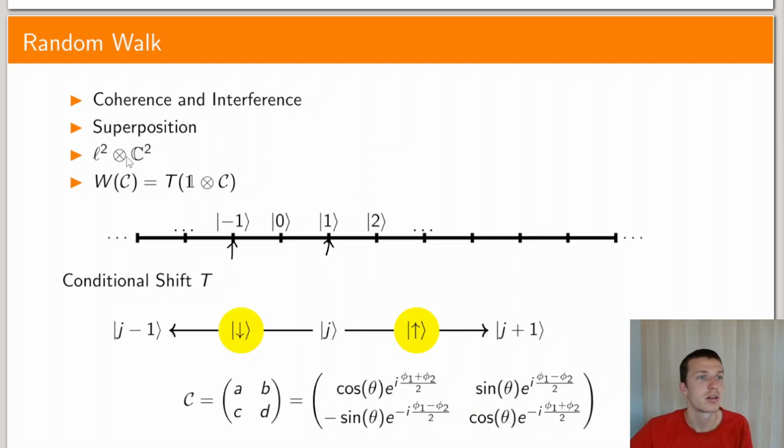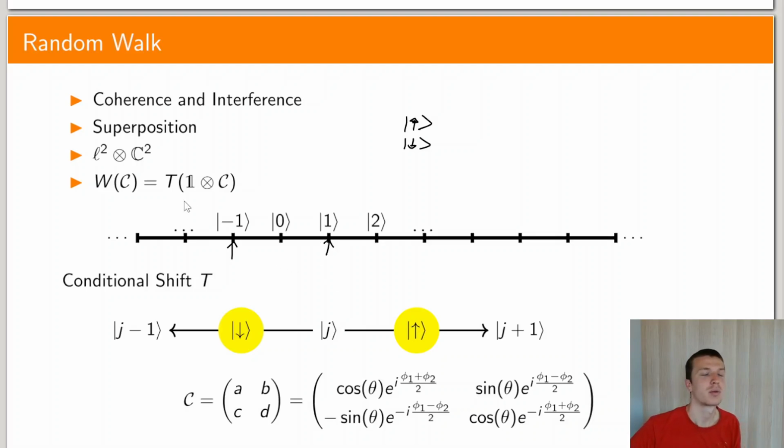And we model that based on the square summable sequences, tensor product with C2, where C2 is just the same as before, either going up on the line or going down on the line. So this is the basis of the walker space or the coin space.